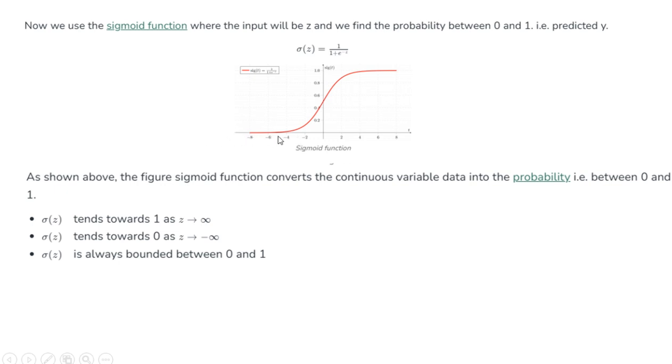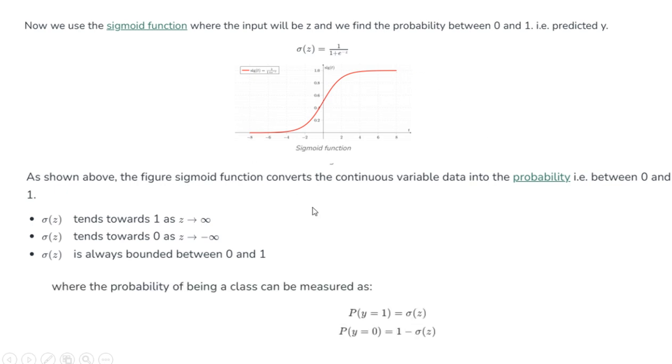That means I'm now talking about the negative axis. And what you have to remember is sigma of z is always bounded between 0 and 1. This is 0, this is 1. So how do you write this in terms of probability?